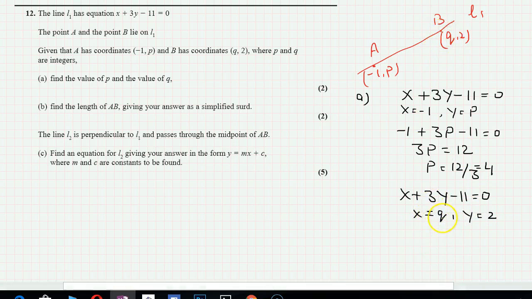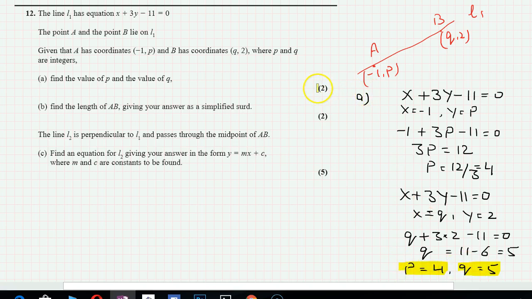Satisfy means you can replace x and y by q and 2. So q plus 3 times 2 minus 11 is equal to 0. So q is equal to 11 minus 6, so that is 5. So p will be 4 and q will be 5.